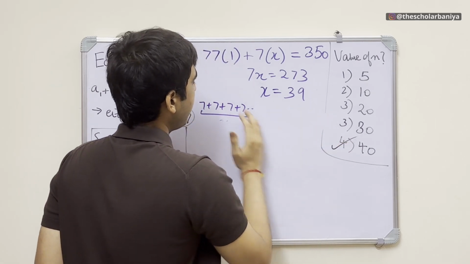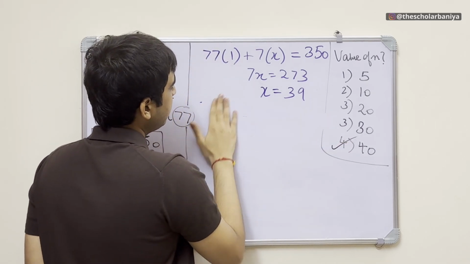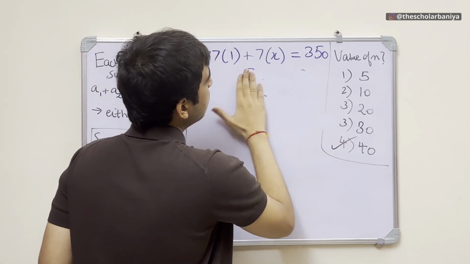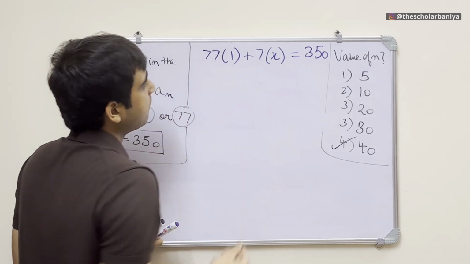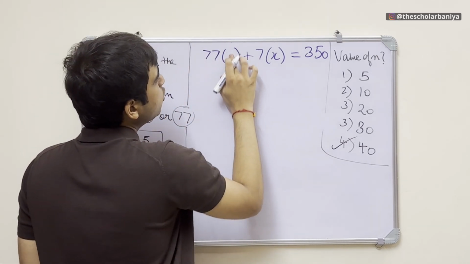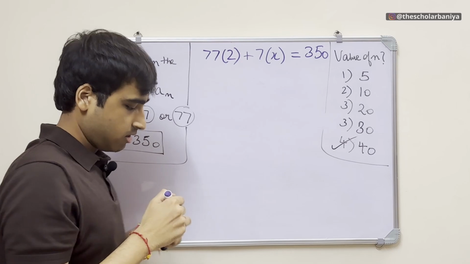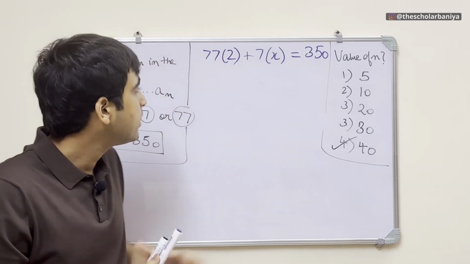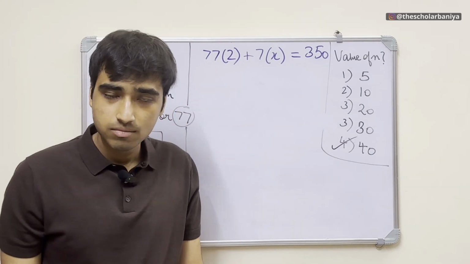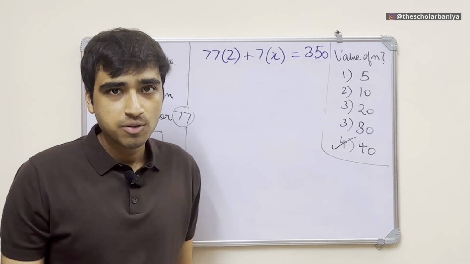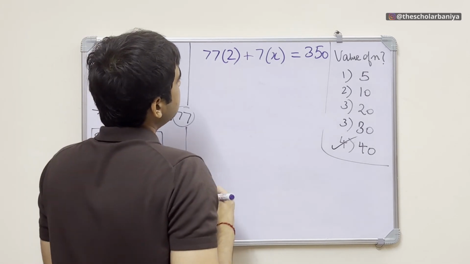Now let's come back, and let's try to take 77 and make this 2. So now we are trying to take two numbers of 77, and the remaining numbers of 7. So what is 77 into 2?